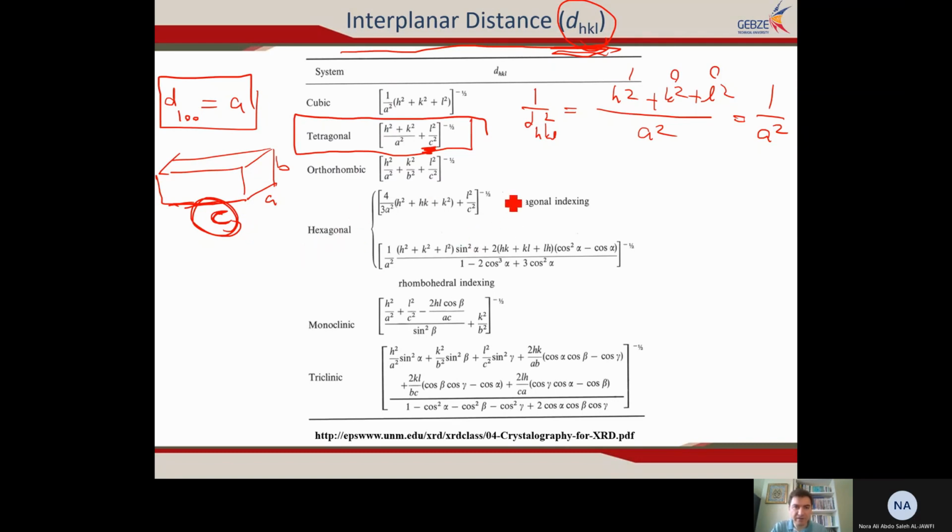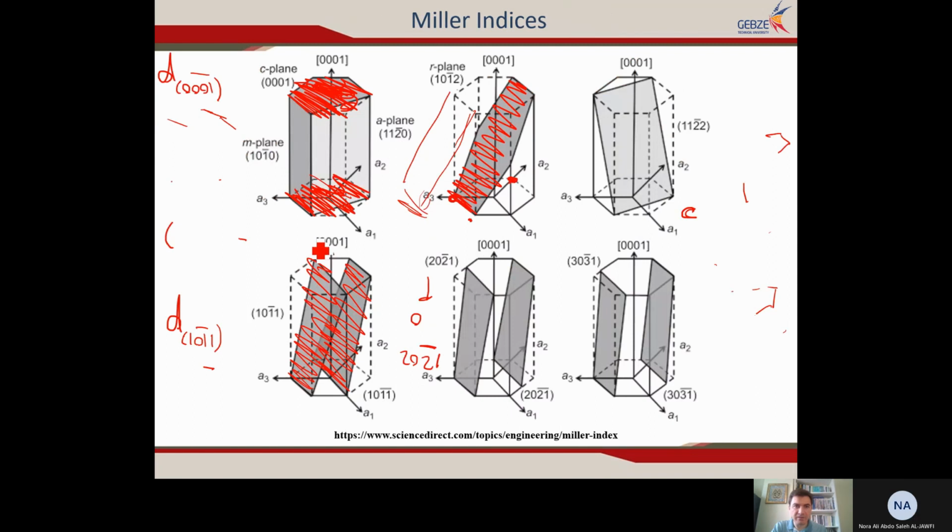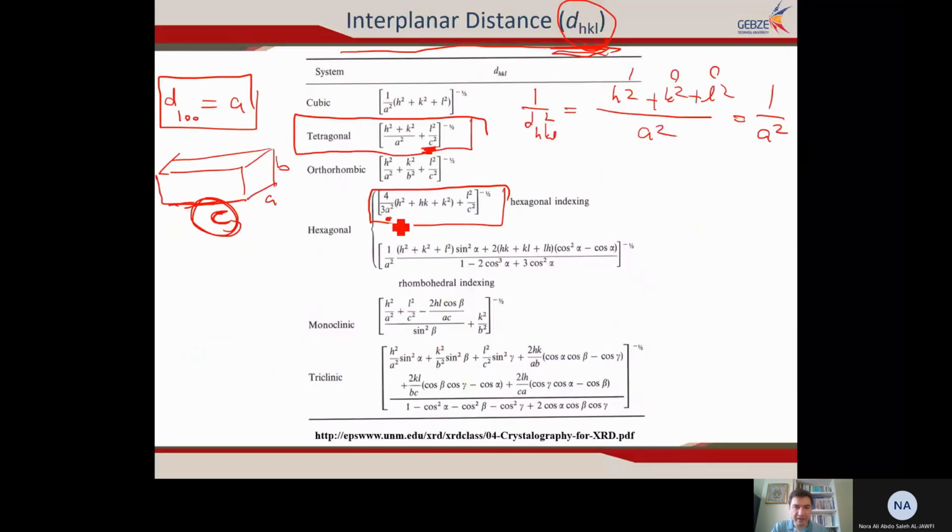And in hexagonal structures, again, we have the A lattice parameter here and also C. So this is the C, this longer one. And we have A, and these are the HKL numbers, and the formula is completely different from the cubic and tetragonal structures.